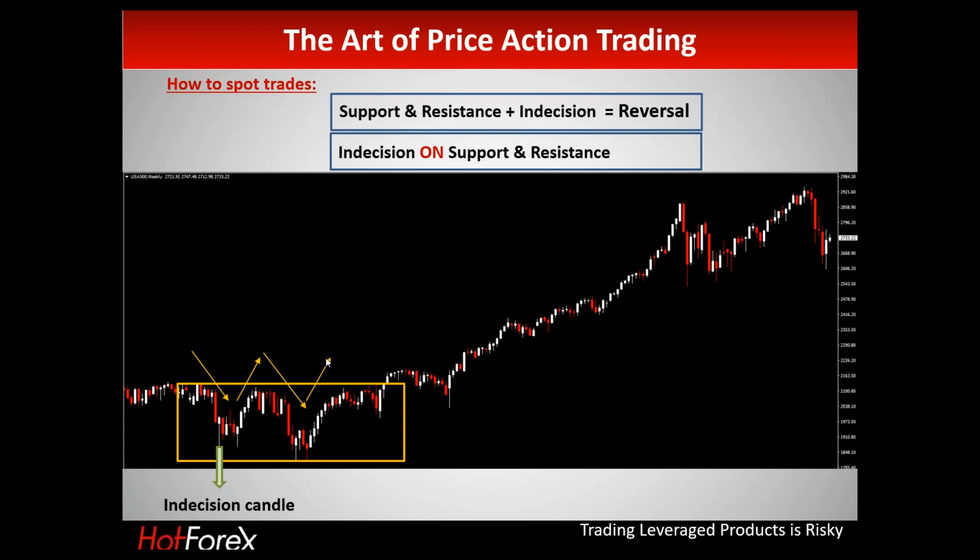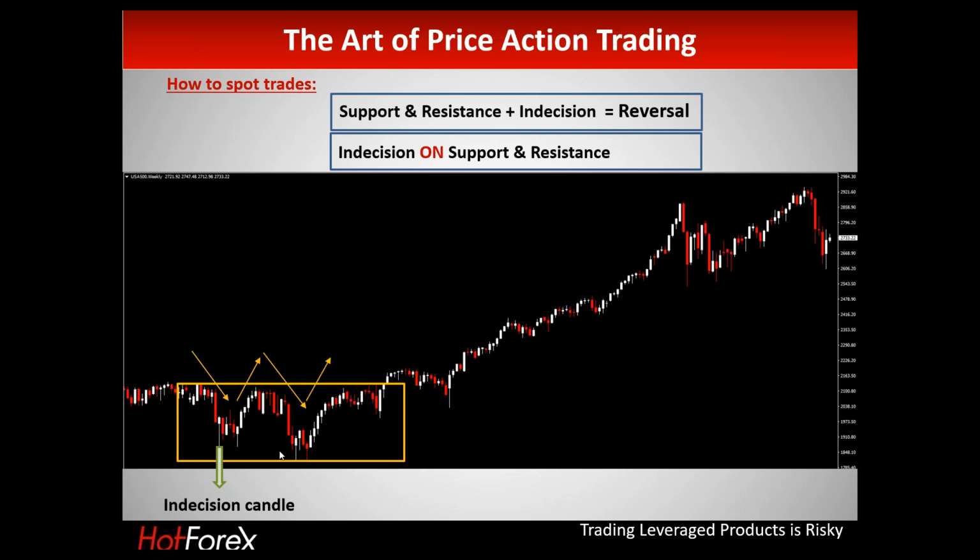Let's say that my asset is not moving anywhere. It's just going up and down, but within the same range all the time. If you see it moving up and down, but the ups and the downs are always on the same level, this means that your asset is stuck within a particular range.